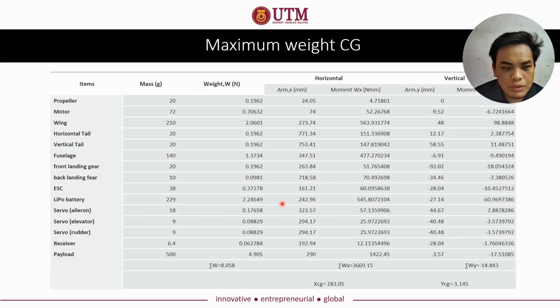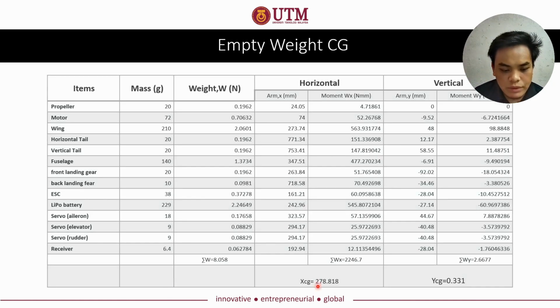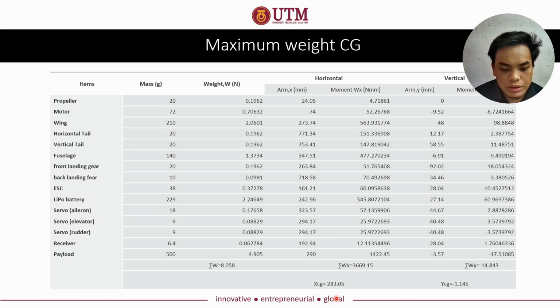So we do the same thing for the maximum weight CG, but this time we need to include the payload. And as you can see here, the location of CG has changed a little bit, but it's not that much. From here, this is 278 millimeters, and this is 283 millimeters.